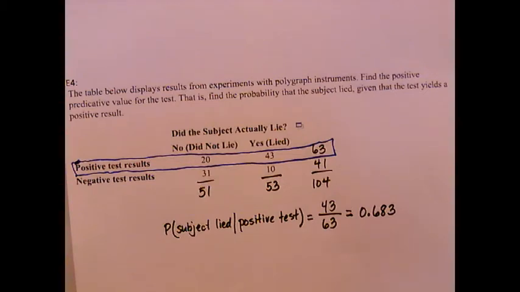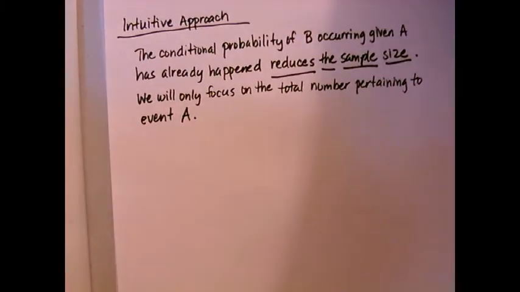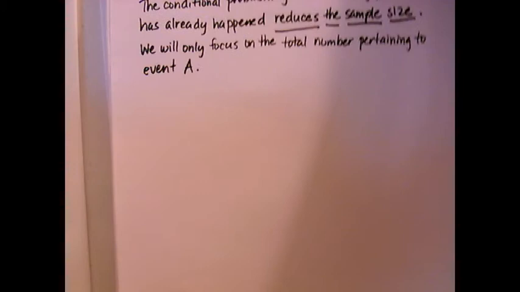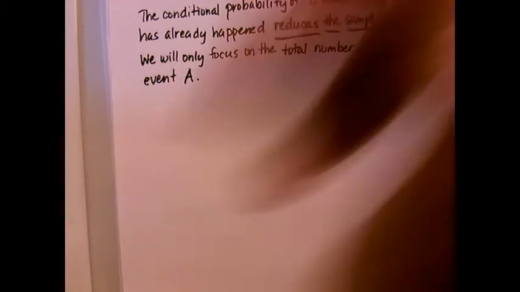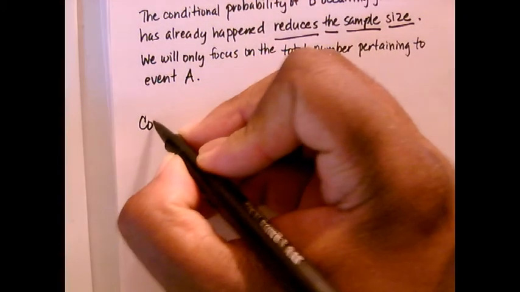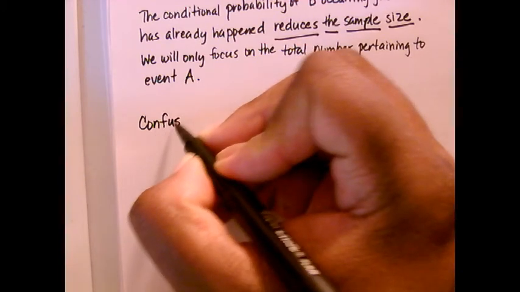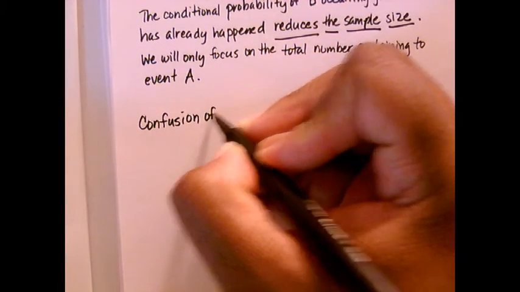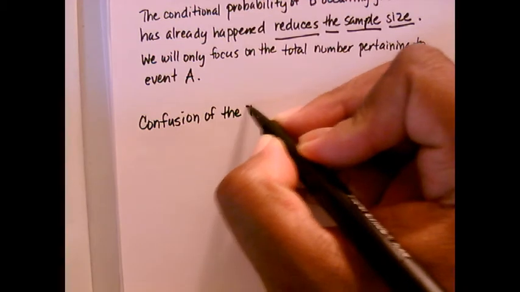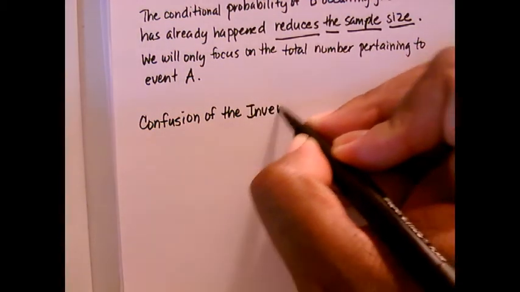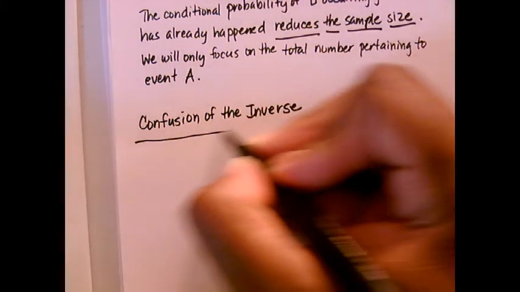Okay, there's one more thing that I need to look at before we finish with this video, and that is what they call confusion of the inverse. Confusion of the inverse.